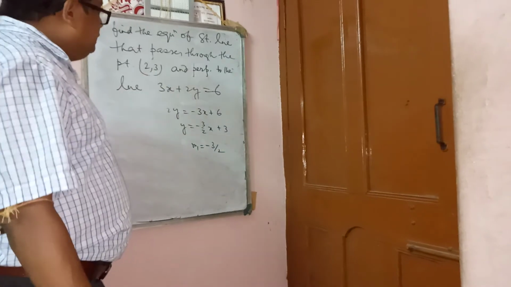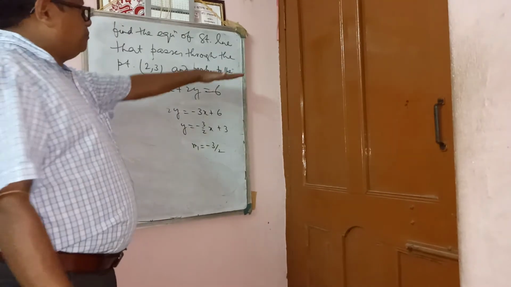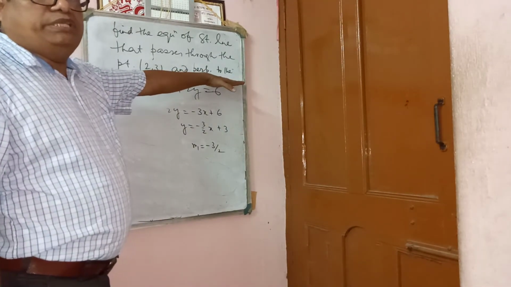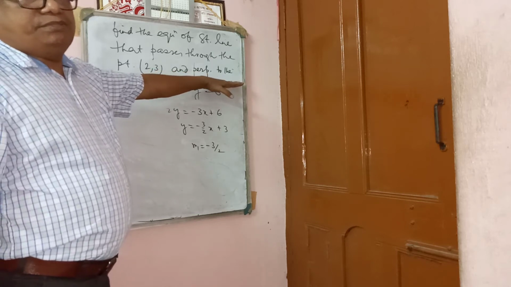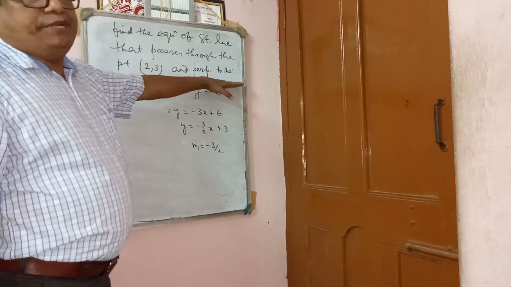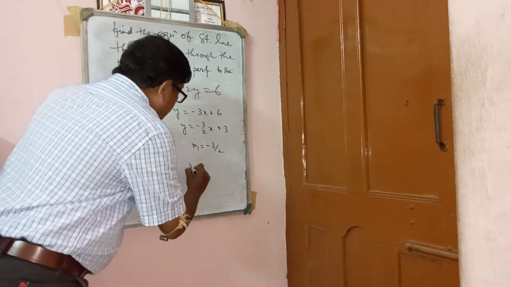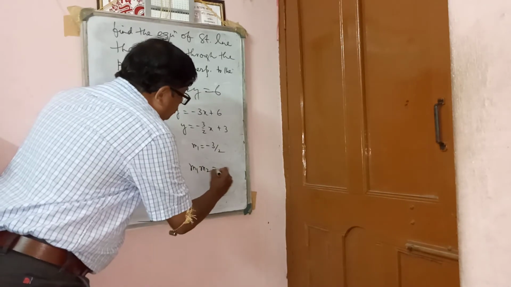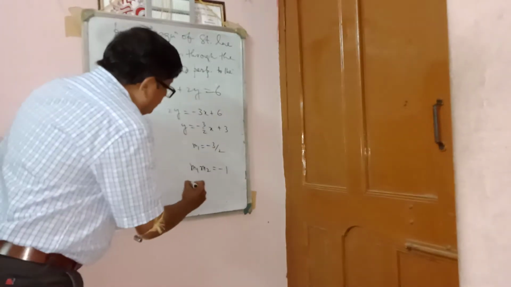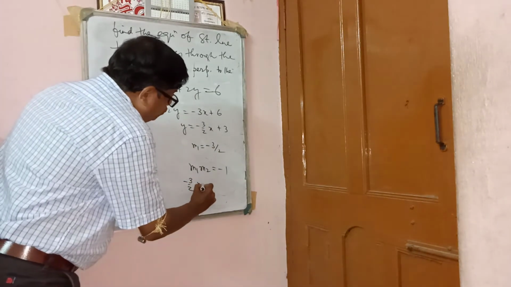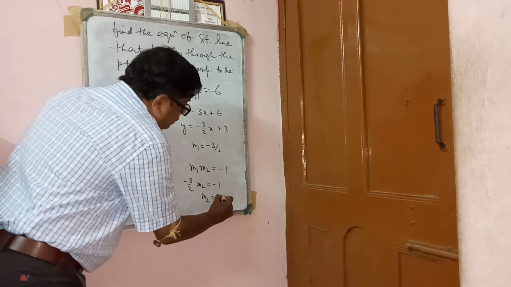Since the straight lines are perpendicular to each other, we can write m1 m2 equal to minus 1. Putting m1 as minus 3 by 2, we get m2 equal to 2 by 3.